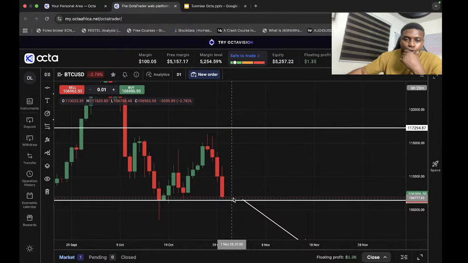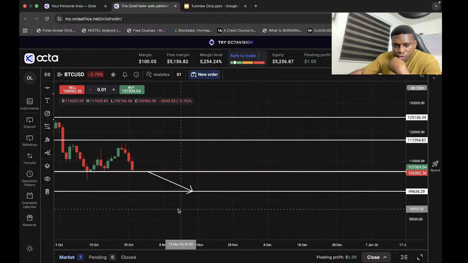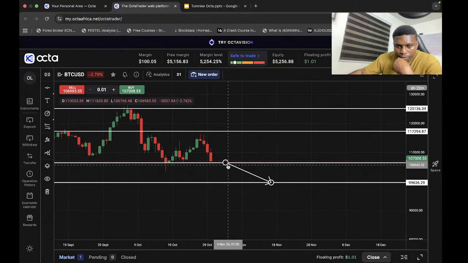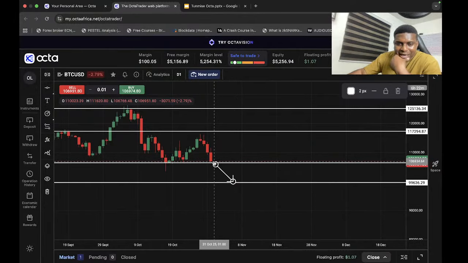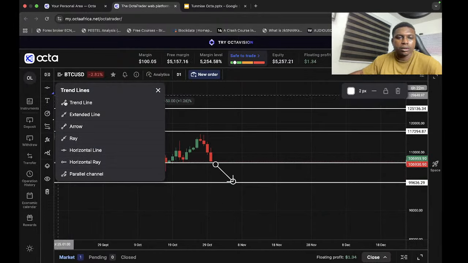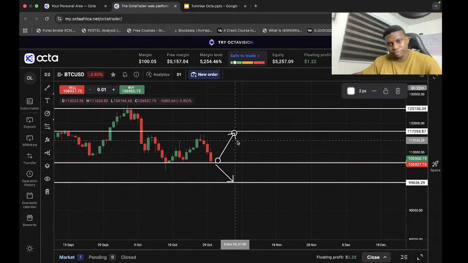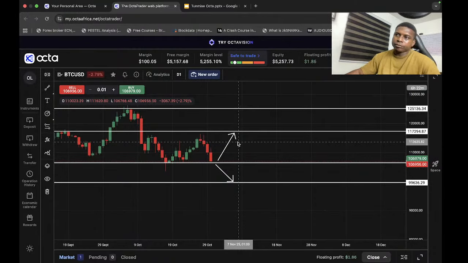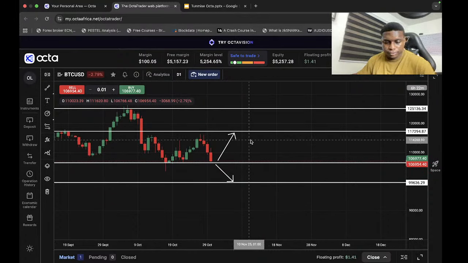There are two things that I would do as a trader: wait for the market to drop or break out of this level, or wait for the market to shoot up. It's that simple.